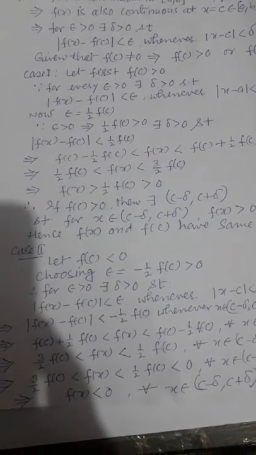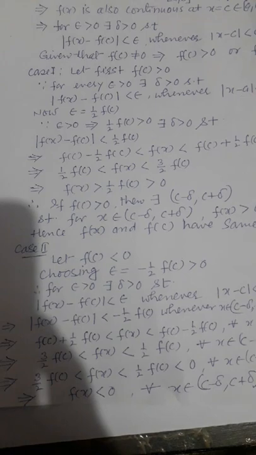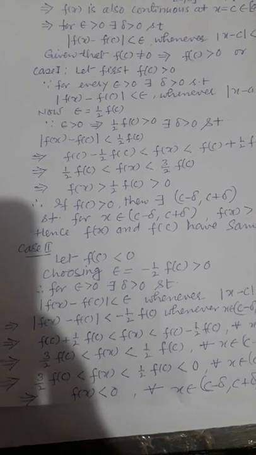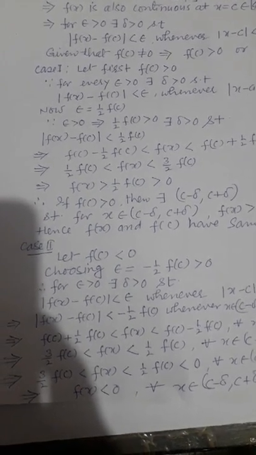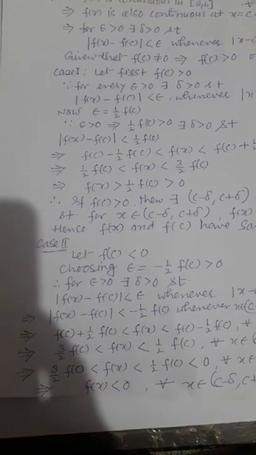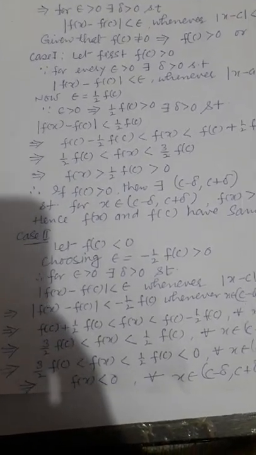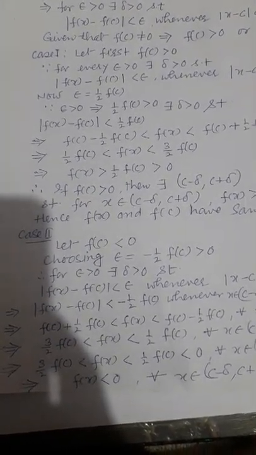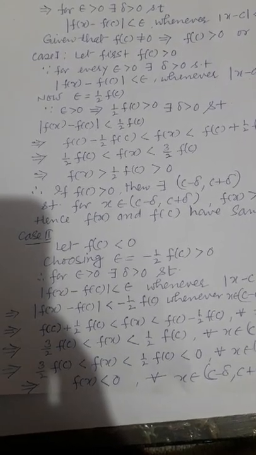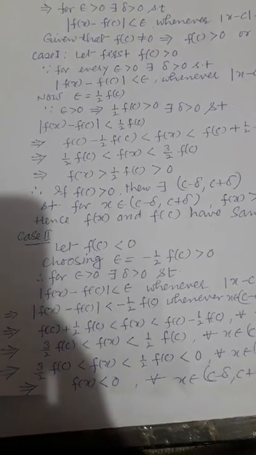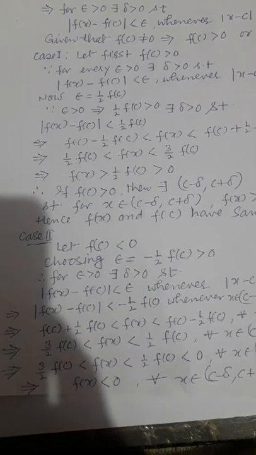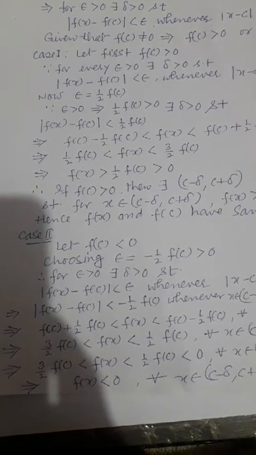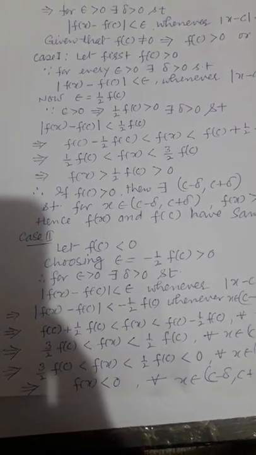So using the definition of continuity, for every epsilon positive, there exists delta greater than 0, such that the absolute difference of f(x) and f(c) is less than epsilon whenever the absolute difference of x minus c is less than delta.